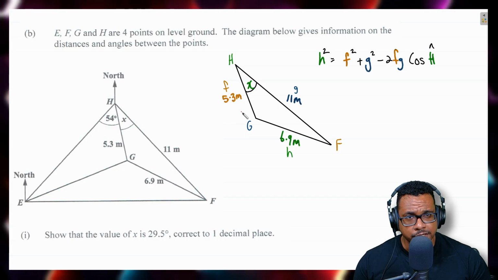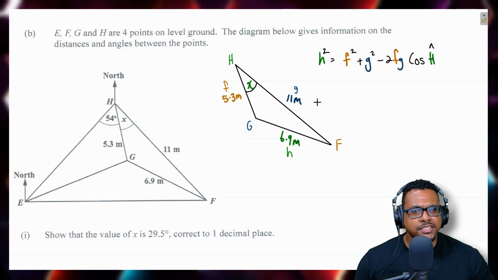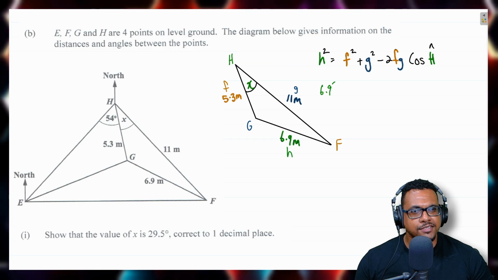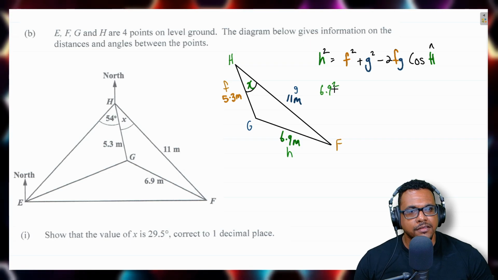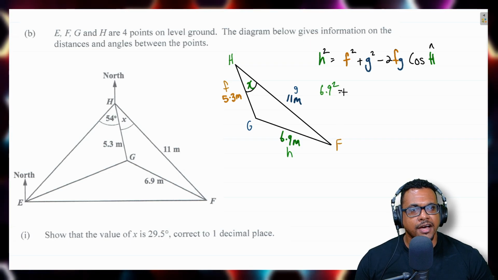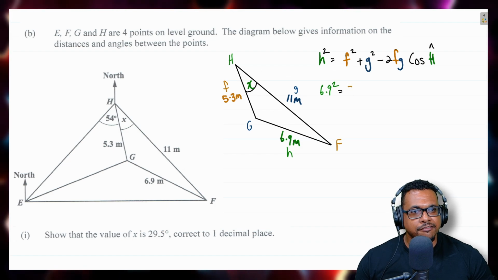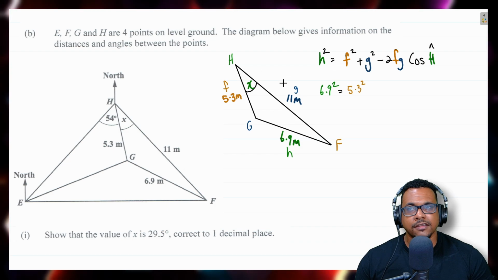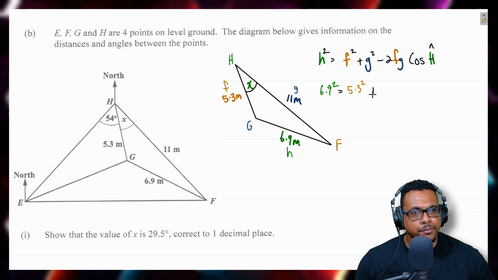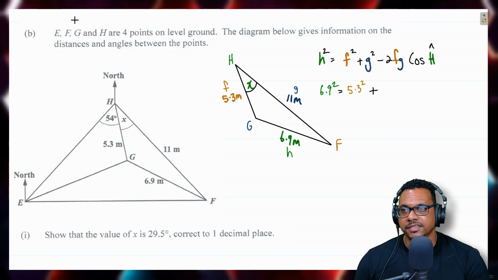So now let's put in the values. All right, so small h is 6.9. So we're going to have 6.9 squared is equal to, then we have small f. So small f is 5.3. So we're going to have 5.3 squared plus, then we have small g. Small g is 11 meters.